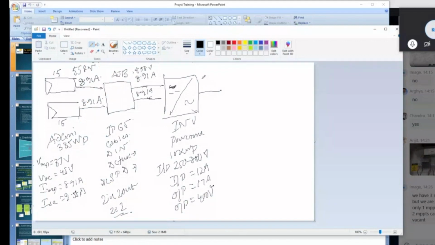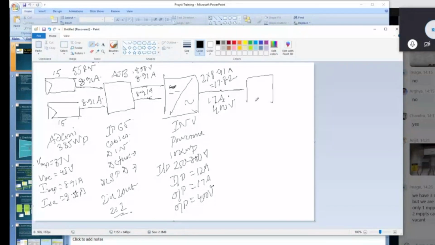Obviously when we are parallelizing, it will have a current of 2 into 8.91, which is 17.82. It will give an output of 17 amps and 400 volt. So you can see more or less the current is matching.